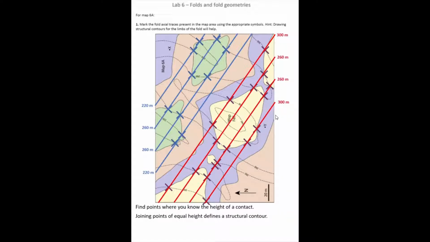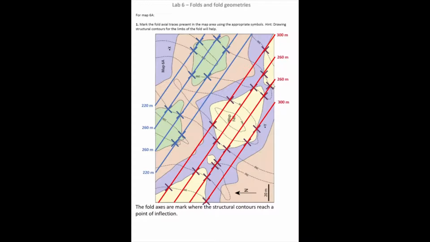Now the fold axes in this situation mark where the structural contours reach a point of inflection, so where they curve from one limb into the other limb. And if we look at our southern fold first, you can see that the height of the contact between the purple and yellow is at 300 meters along this line.